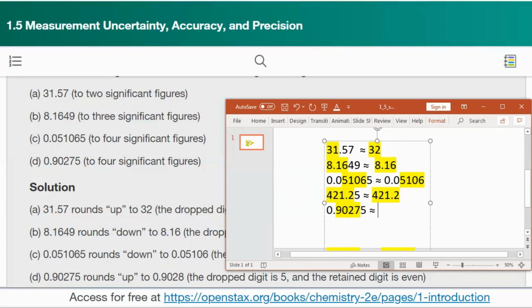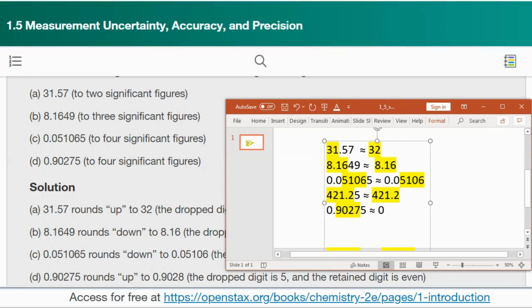And it wants 4 significant digits. In this case, we're supposed to round. The number we're going to drop is 5, and it doesn't have any numbers after it. So we either round up or down. If we round down, the last retained digit, the digit in this position that I'm highlighting in gray, will be odd, and that's not what we want, so we will round up.